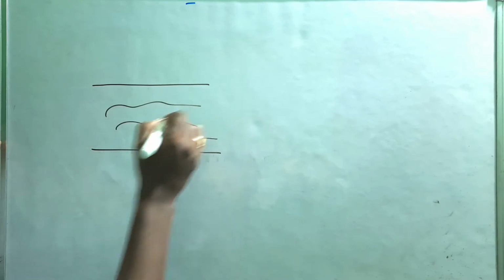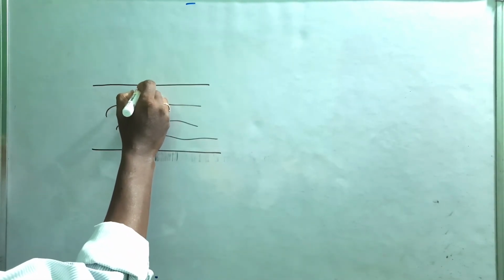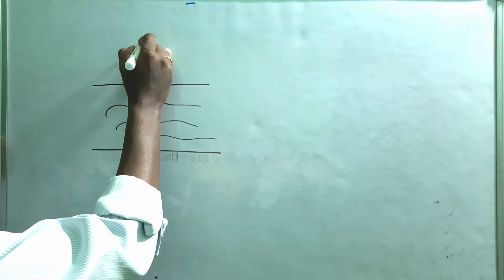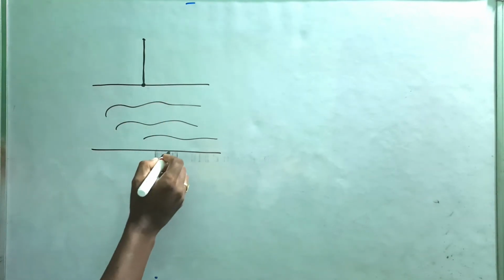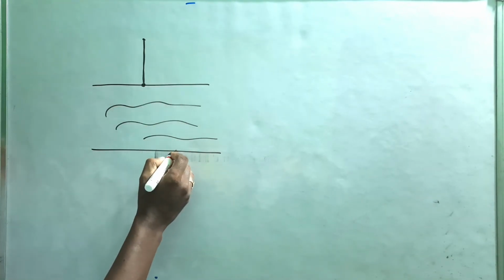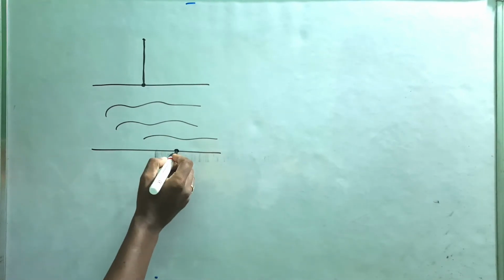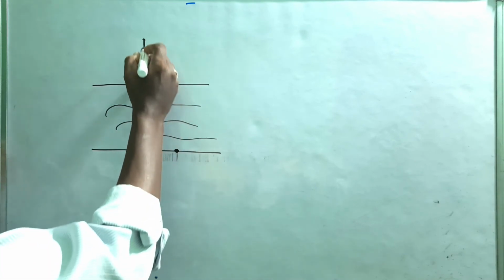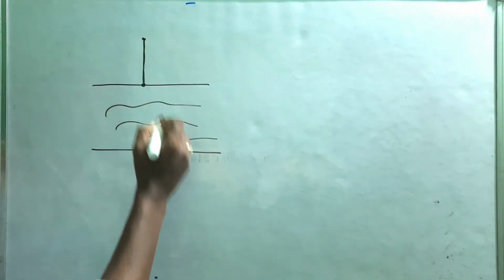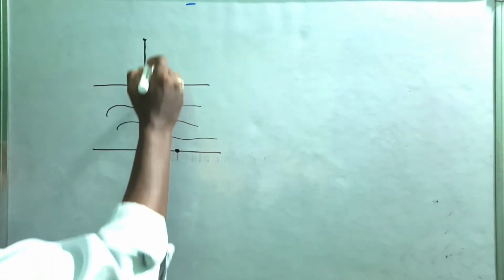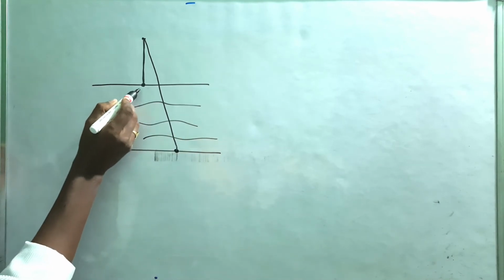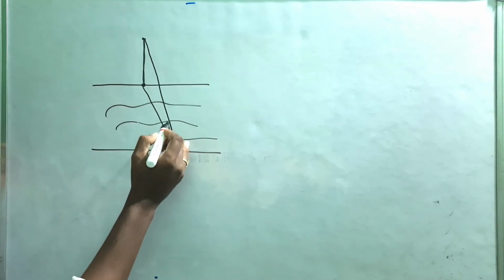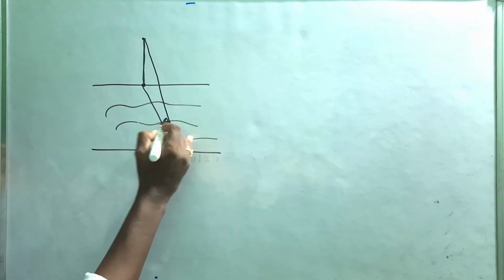Suppose a pole stands on this bank, and on the opposite bank of the river, you are standing here. The angle of elevation of the top of the pole from this point, if you join this with this, is suppose theta.